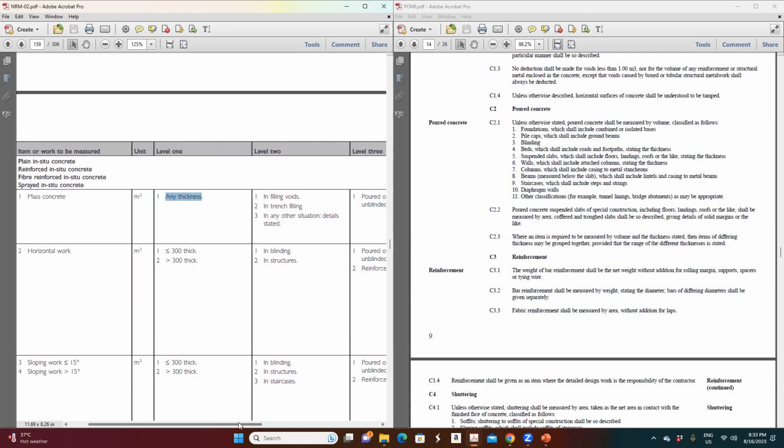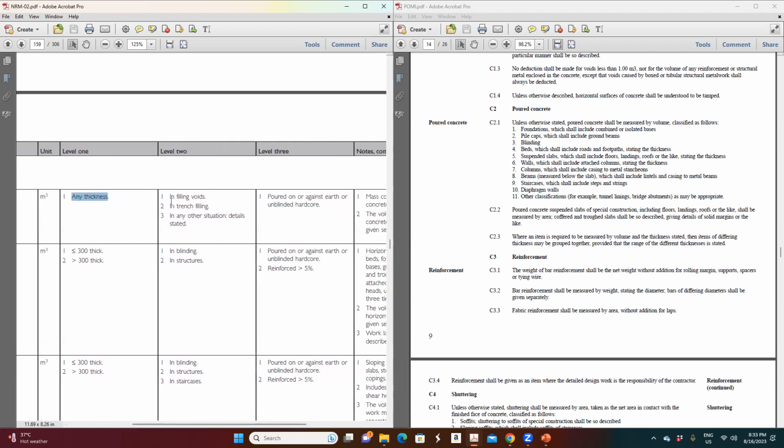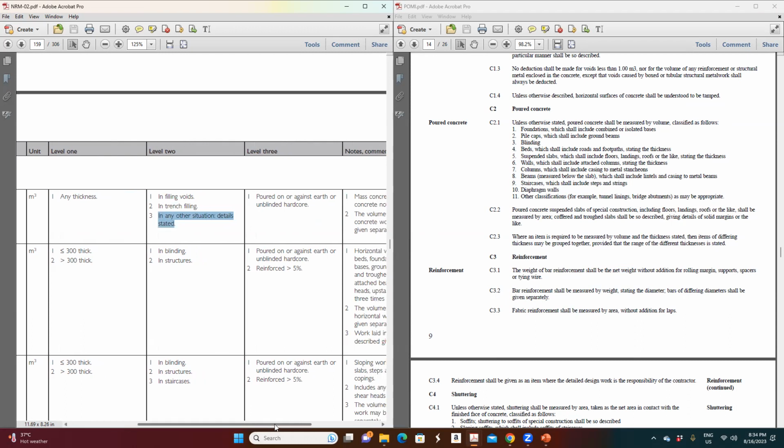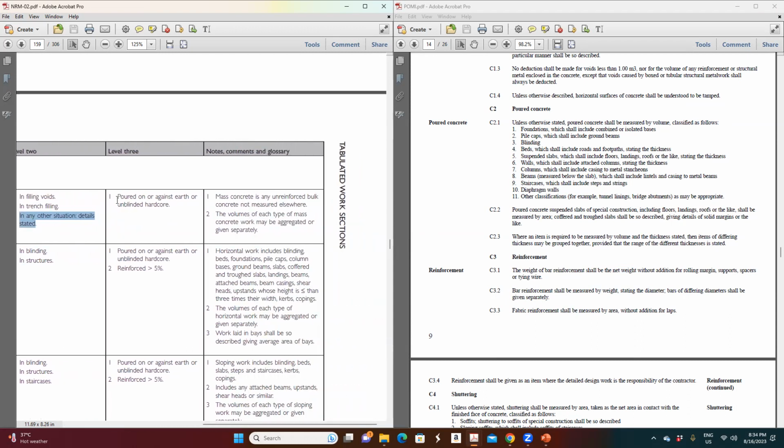Okay, it should be measured in the meter cube, which can be used for the purpose of filling voids or in terrace filling or any other situations, or against earth or unblinded hardcore. It's kind of paving things, I guess.